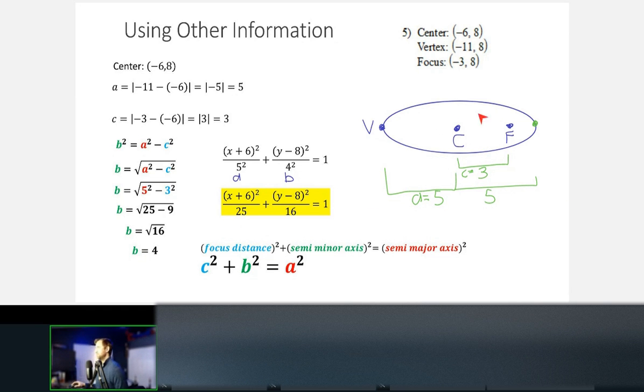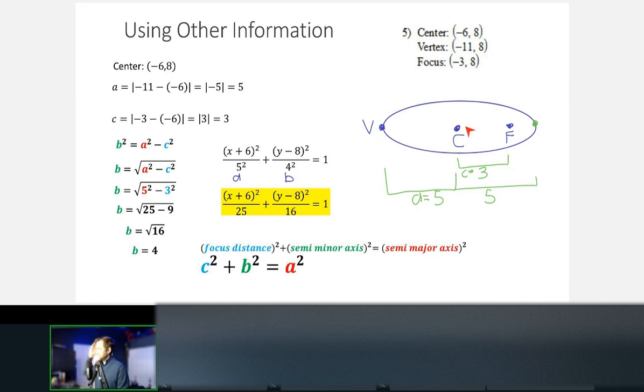You can also go to Desmos and just plot these 4 points. In Desmos, it's totally accurate. And if you want to sit there and count from the center to the vertex, 1, 2, 3, 4, up to 5, just by seeing it visually and counting, it's 5 units away. So A is 5.